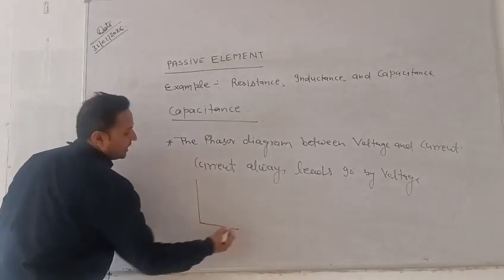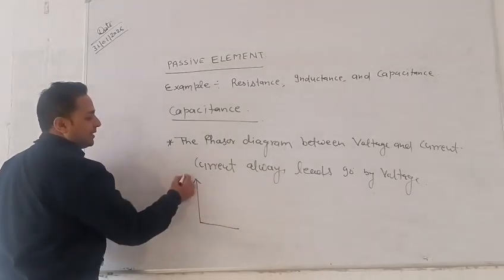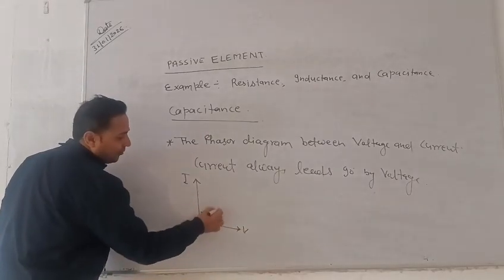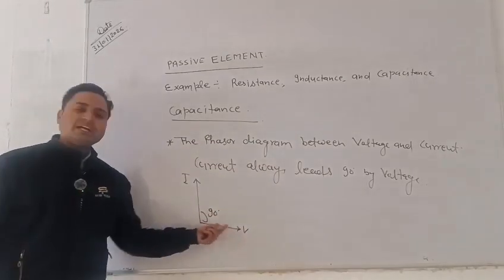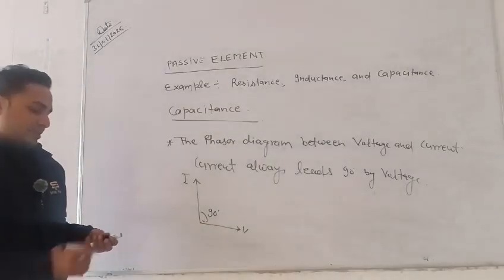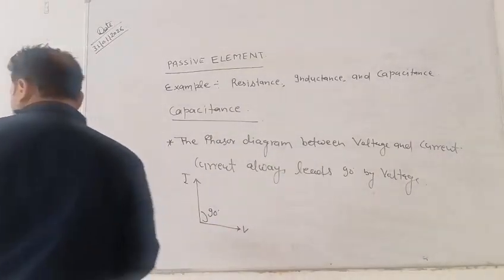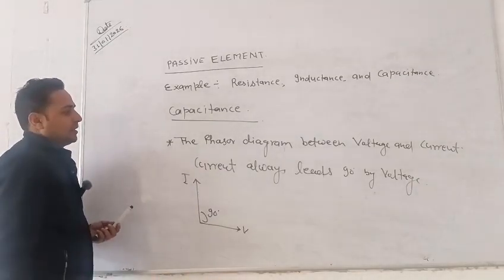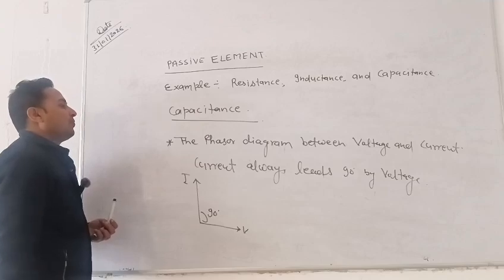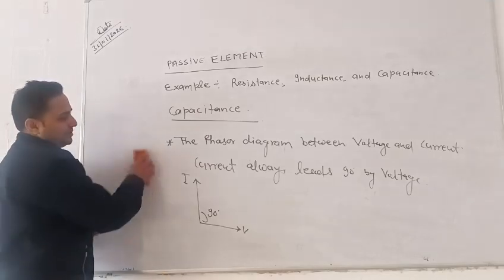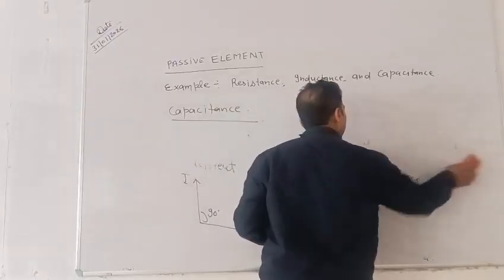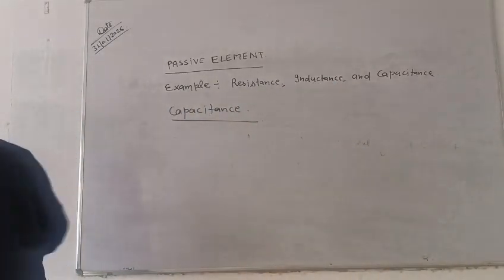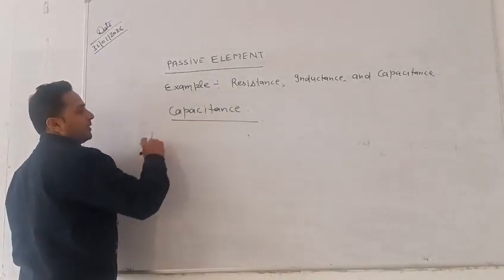So this is the phasor diagram, meaning current always leads voltage by 90 degrees. These are the basic properties of capacitance. Another property of capacitance is that it stores energy in the electric field.